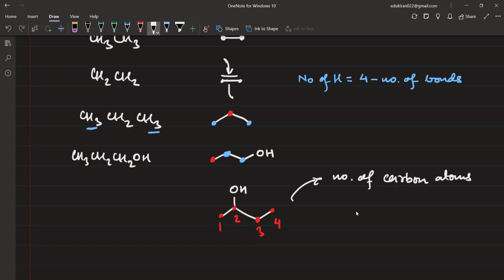This is a bond, this is also a bond. If you have not indicated anything, that means it is carbon. And if you have indicated that there is OH after the bond, that means there is no carbon, that is OH. So if you have just bonds, then only you can say that it is going to be a carbon atom. So there are going to be only 4 carbon atoms here, guys.